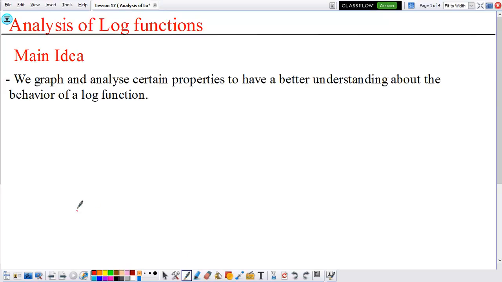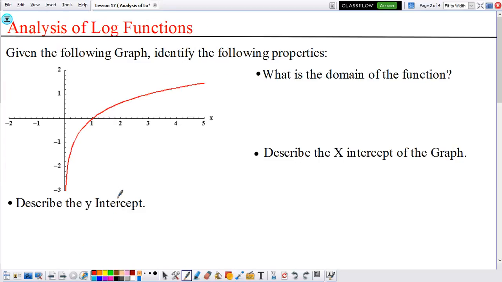So let's get started. Here is the graph of a log function, and we're given this graph to analyze the following properties. You can see that it goes up in a curvy shape.